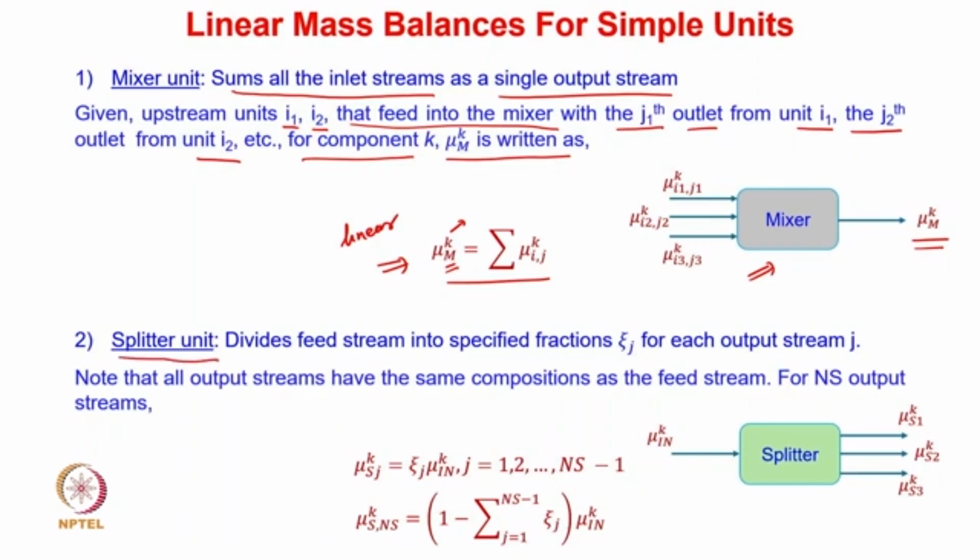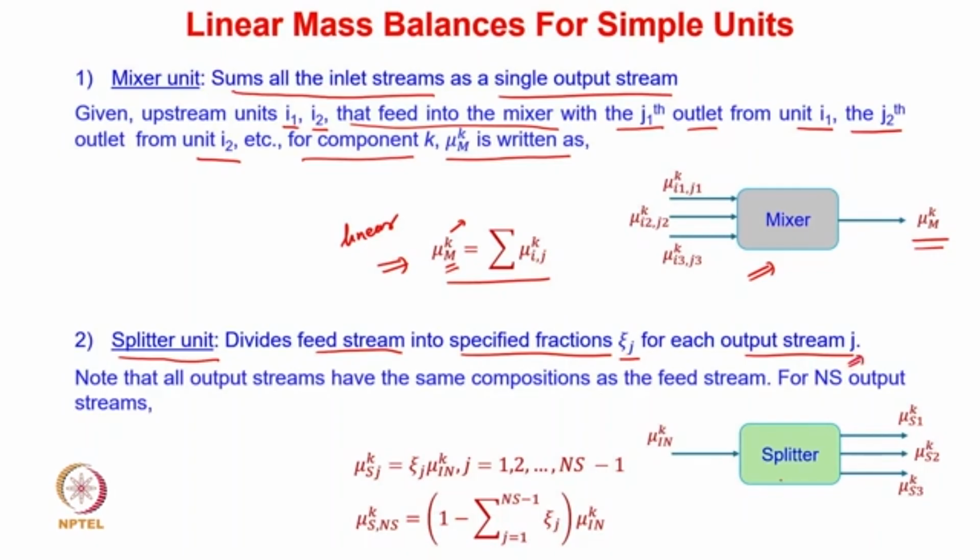The second unit is a splitter unit. As the name suggests, it divides the feed stream into specified fractions zeta j for each output stream j. This fraction zeta j is very important here. Whatever the input is, it is multiplied by the corresponding fraction, and that gives the output stream j.